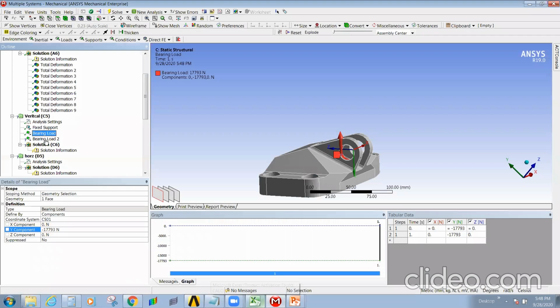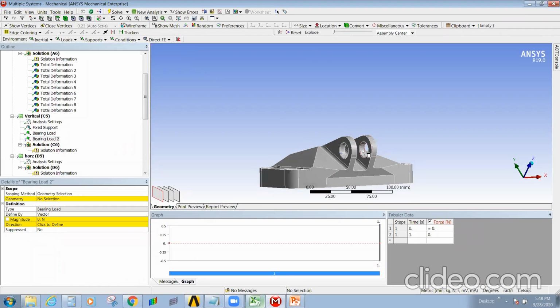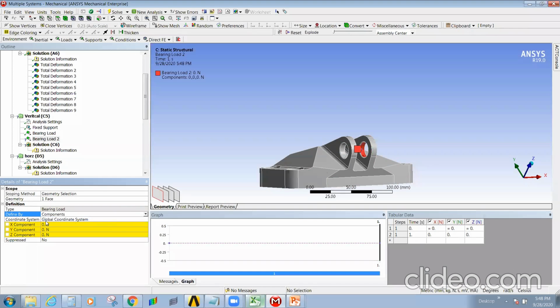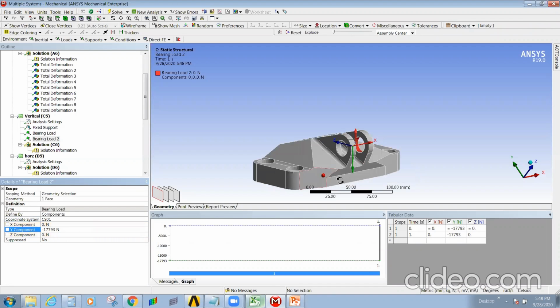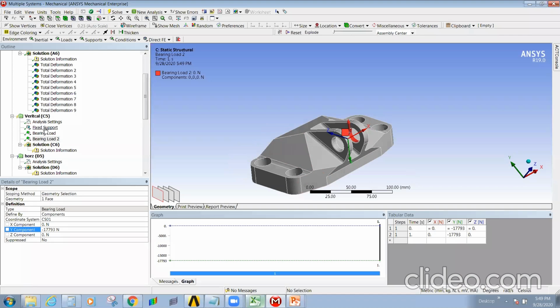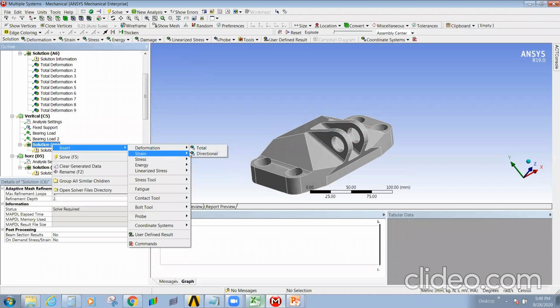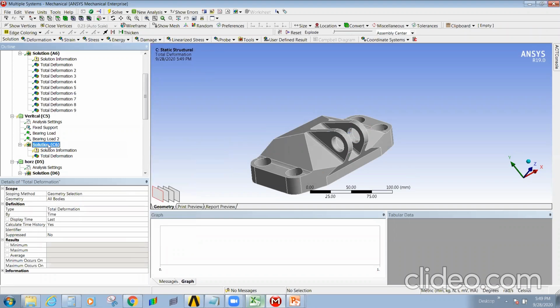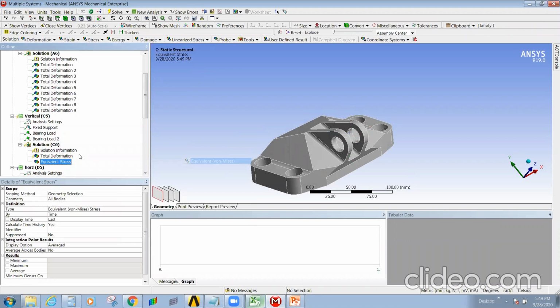Now for the second bearing load, I'll select the geometry and again select the vector defined by coordinate system, that will be CS1, and the value would be negative, in the upward direction. So now you have applied the boundary conditions, bearing loads 1 and 2, and you are requesting output as total deformation and stress.